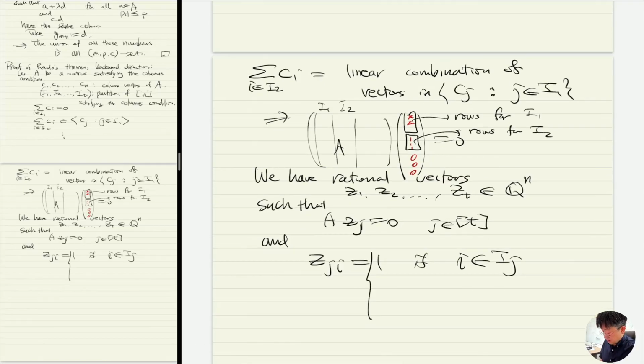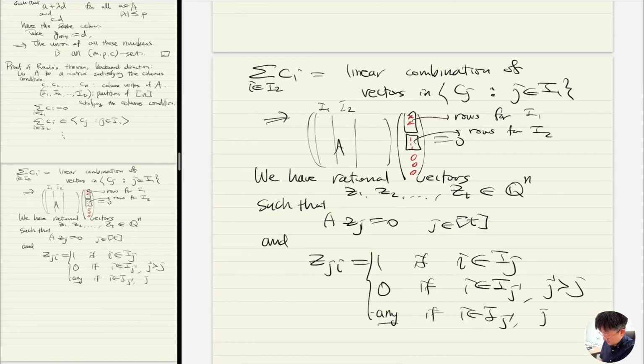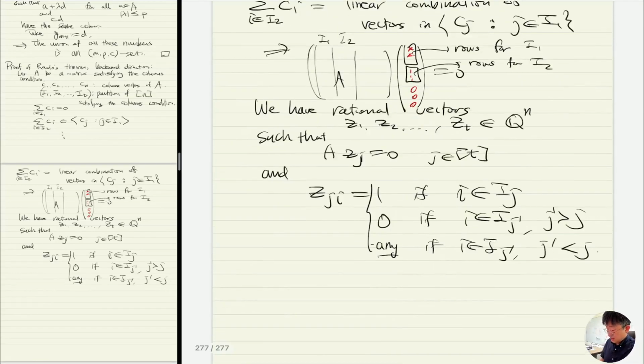And 0 if i is in Ij' and j' is bigger than j, and some other number, any number, if i is in Ij and Ij', j' is smaller than j, right? So this is just a description of these linear combinations.